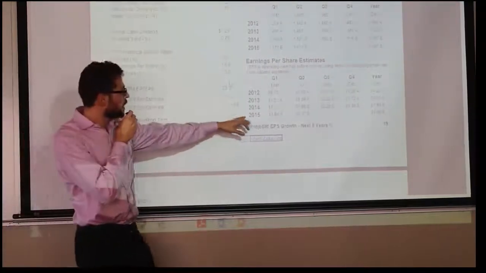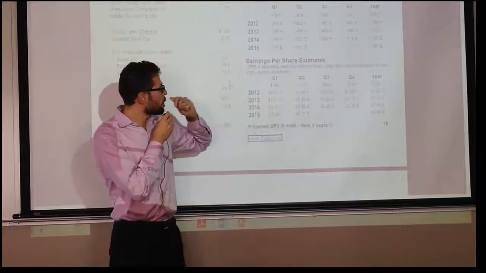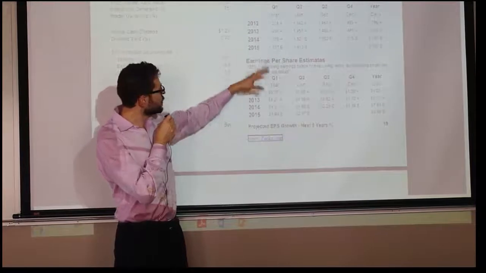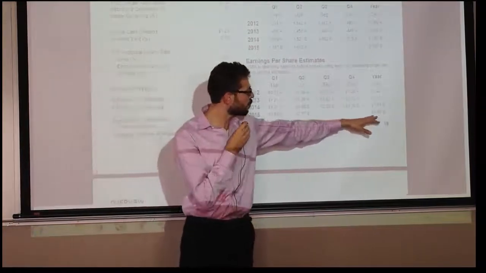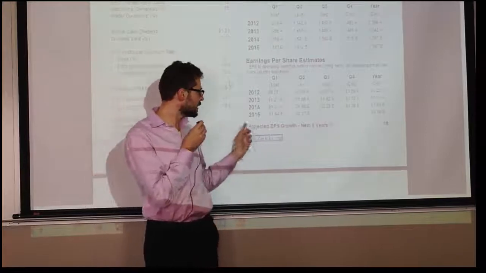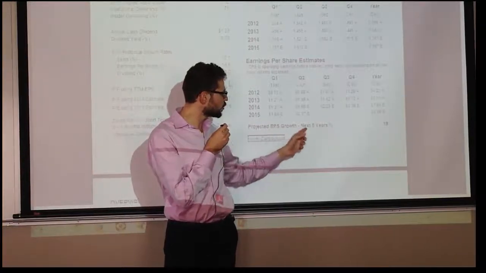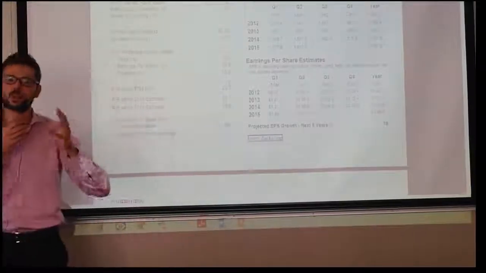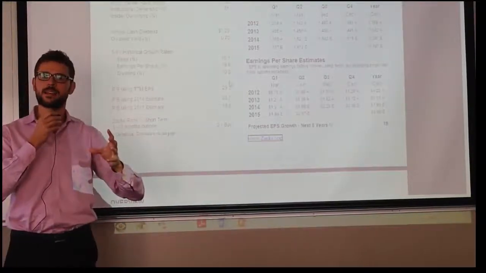Look, 2015 on the year, those are revenue estimates. Earnings per share is 9.86 for the year as an estimate. And now this is the big number. Projected EPS growth next 5 years is 19%. So we're saying EPS is growing at 19% a year here.